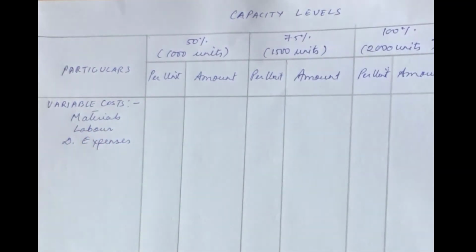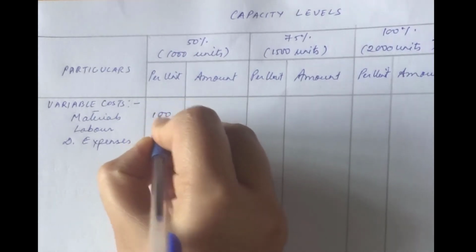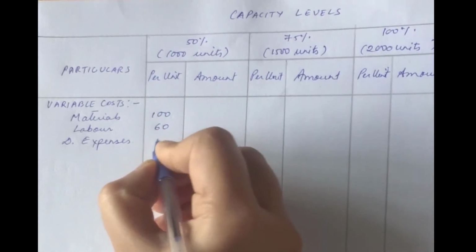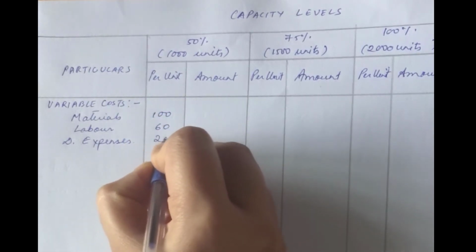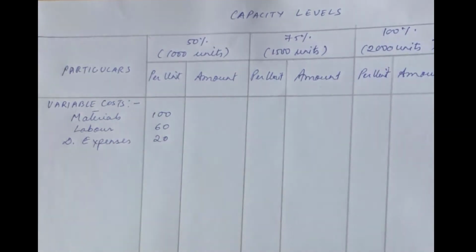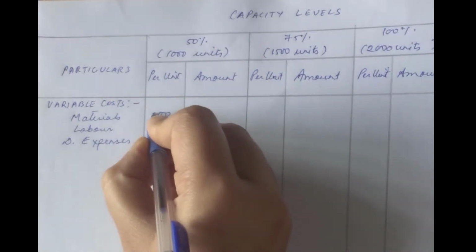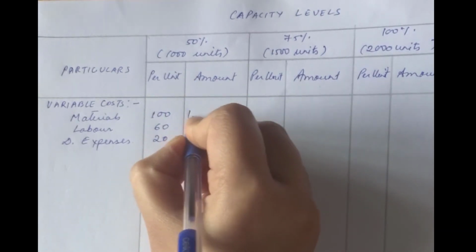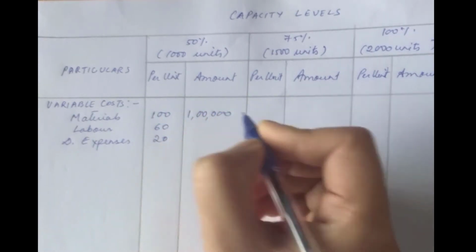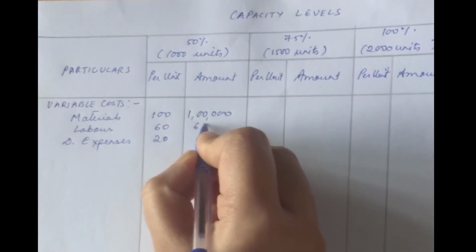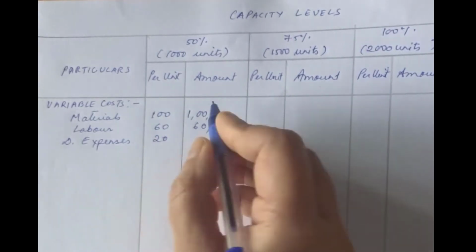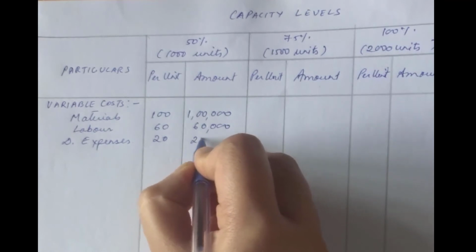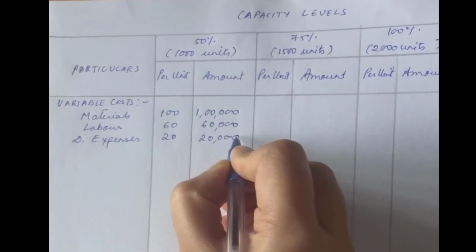Materials per unit is given 100, labor is given 60, and direct expenses is given 20. So materials 100 into 1000 will be 1 lakh rupees. 60 into 1000 will be 60,000 rupees. 20 into 1000 will be 20,000 rupees.